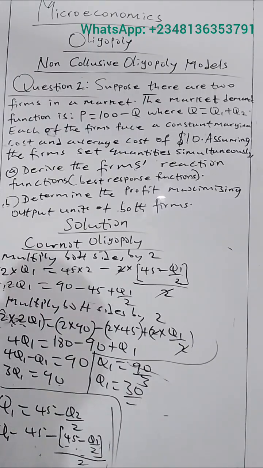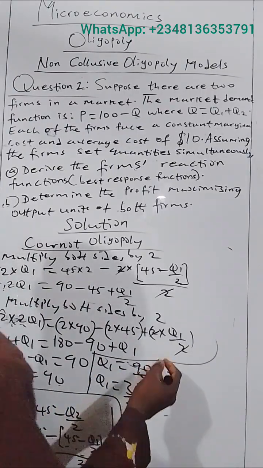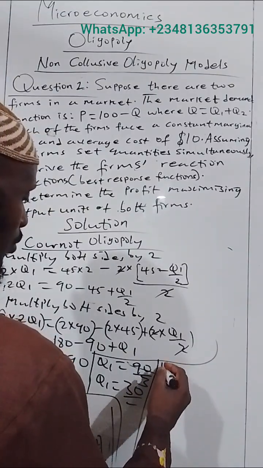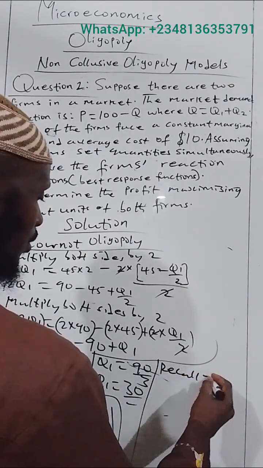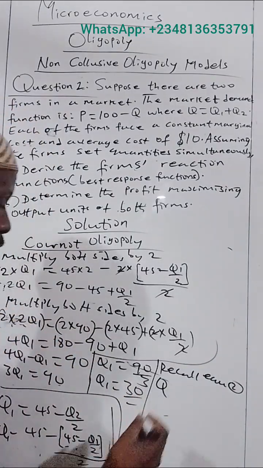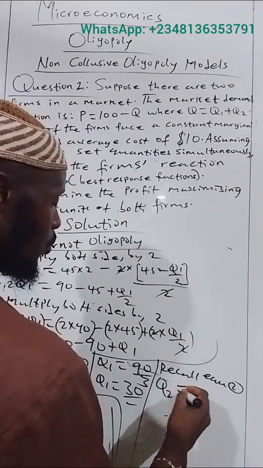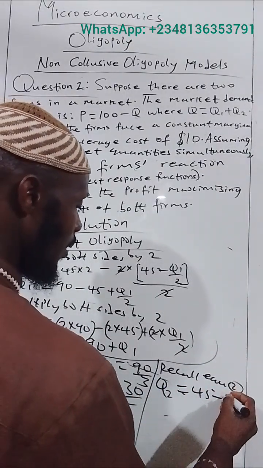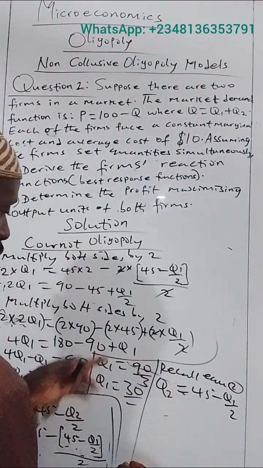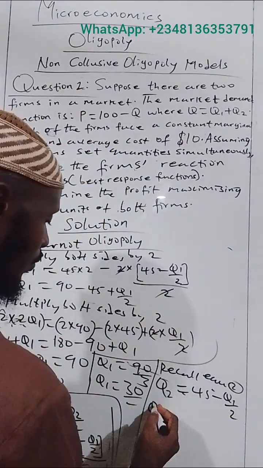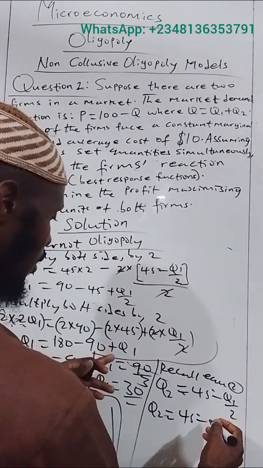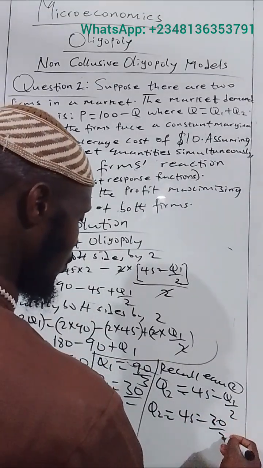Now, how do we get the output of firm 2? You recall equation 2. Equation 2 says that the reaction function of firm 2 is Q2 equals 45 minus Q1 over 2. Then we substitute for Q1, then we have Q2 equals 45 minus 30 over 2.